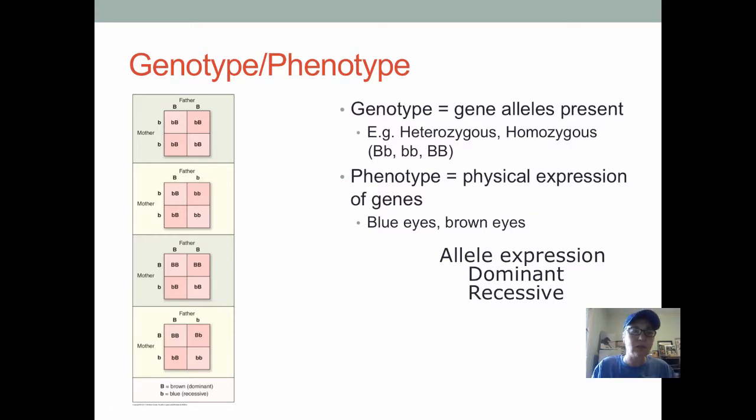If you remember Mendel, he was this scientist that worked with peas and created this two gene, two allele inheritance model. One of the big parts of that is these terms, dominant and recessive, how they're expressed and how much power each allele has.